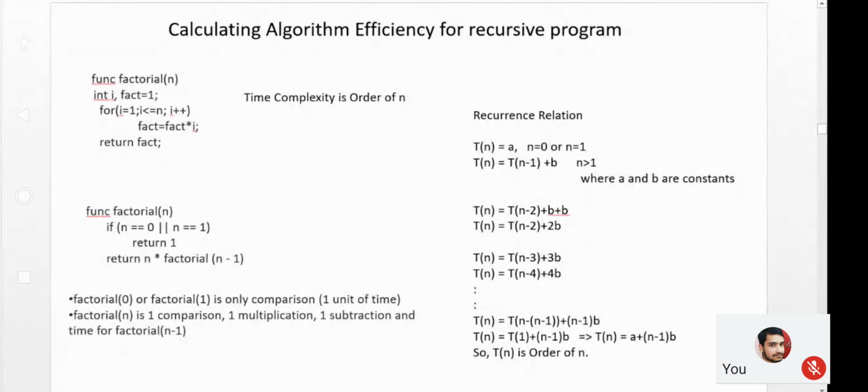So what is a recursive function? A function that calls itself with some smaller value and always converges to the base condition or terminating condition is known as recursion or a recursive function. So this is your base condition, and here this is the recursive call, because the function factorial calls itself with some lesser value.